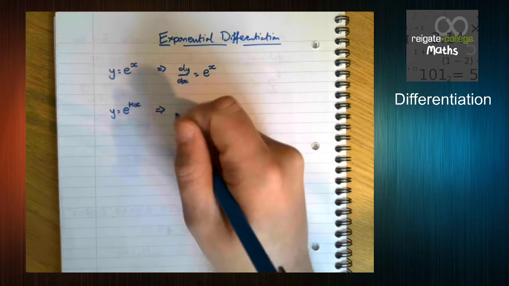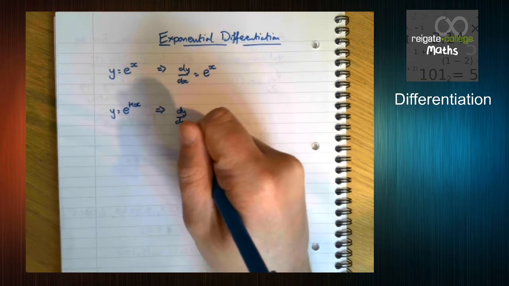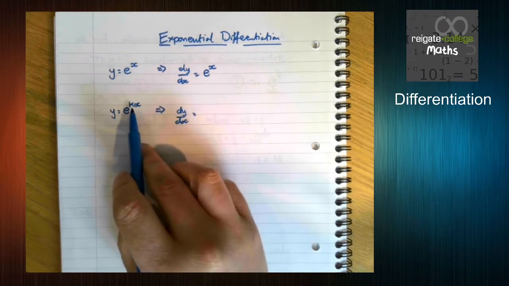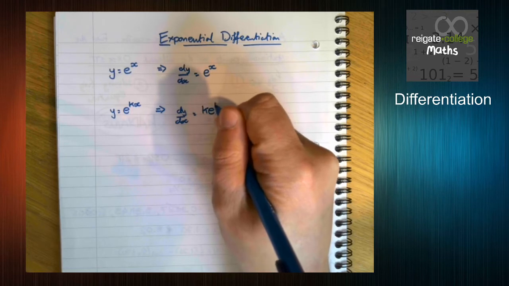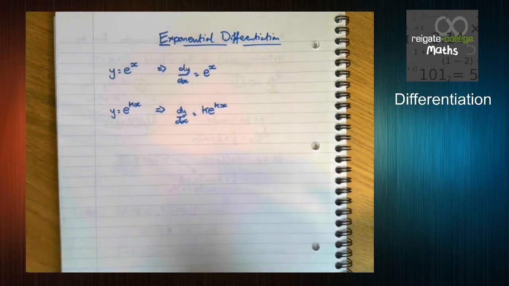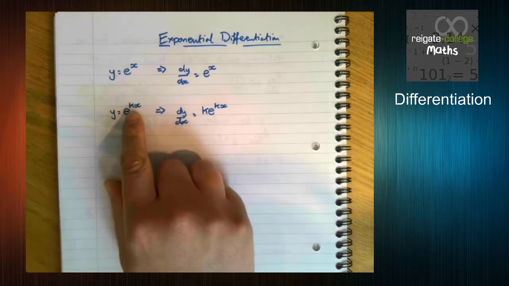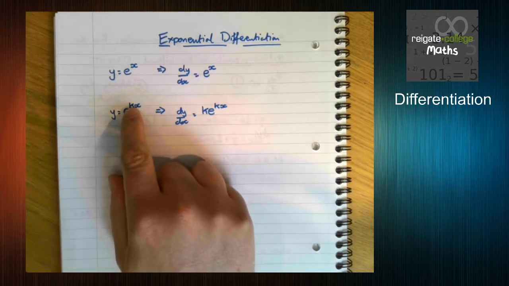And in a similar way, if we have a number here, that number sticks on the front and we get there. This is a very similar rule to the trigonometry in the previous video when we had things inside our function.